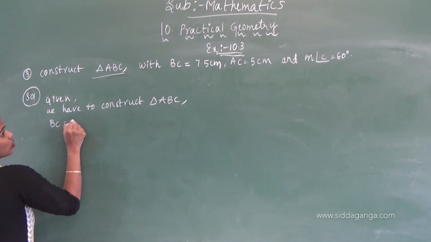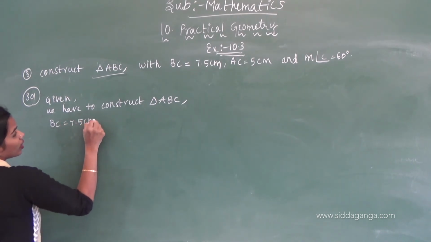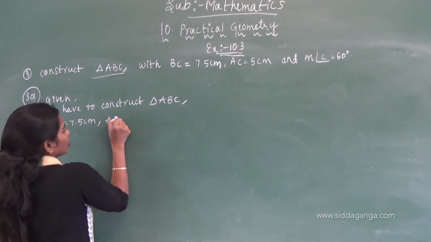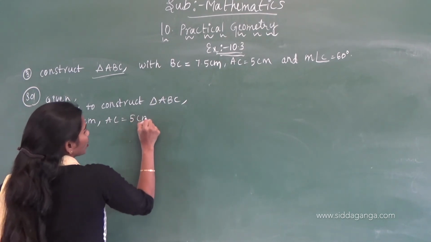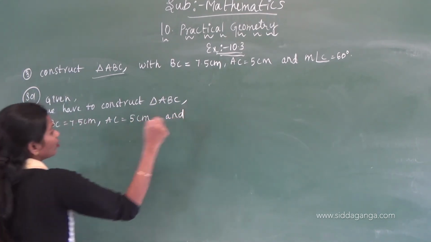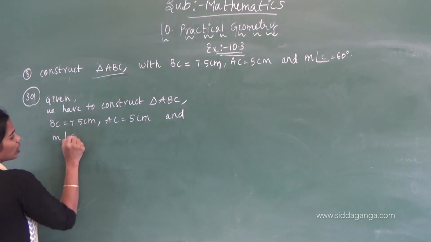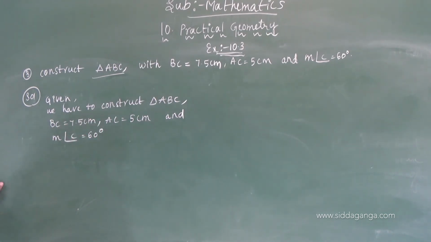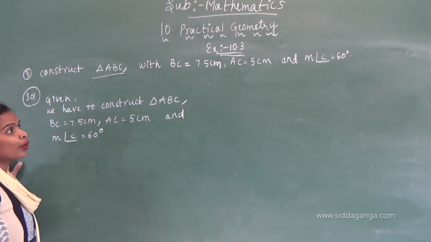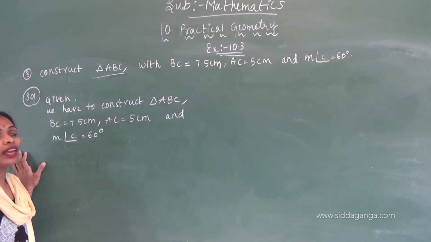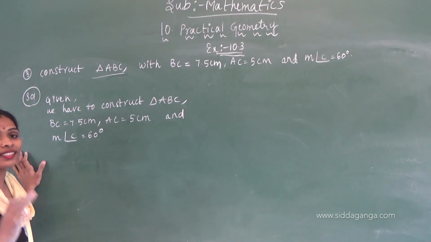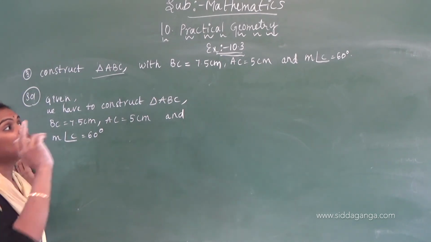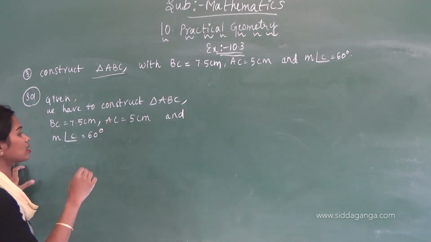BC equals 7.5 centimeters, AC equals 5 centimeters, measure of C equals 60 degrees, and the included angle between BC and AC is 60 degrees.